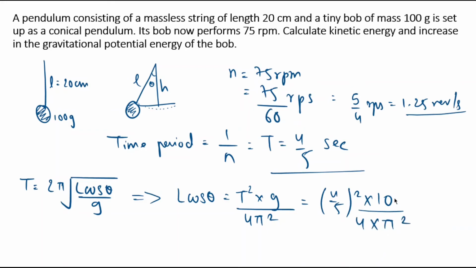So let's take pi square also approximately equal to 10. So this will also be 10, and 10 10 gets cancelled. So L cos theta will be equal to 0.16. Now notice carefully that this is the length of the string, this is the height, and this is the angle it is creating.